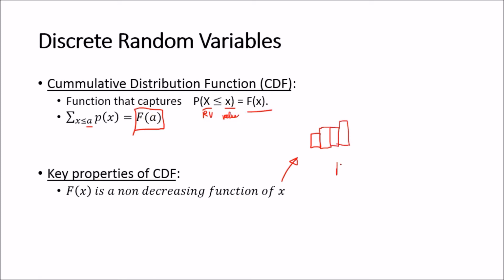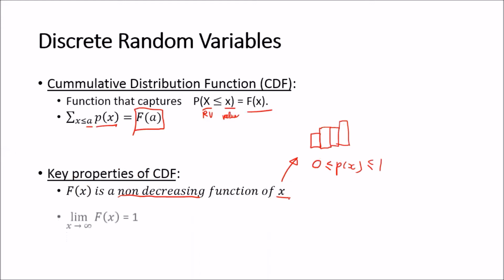And since we're summing over the probability mass function, we know the probability mass function always has a value that's greater than or equal to 0 and less than or equal to 1. So since it's greater than or equal to 0, we know that it's going to be non-decreasing if we sum over it, because you can only add 0. If you add 0, it's not going to decrease your value, it will keep the CDF's value the same. If you add anything greater than 0, it will increase. So the cumulative distribution function is a non-decreasing function of x.